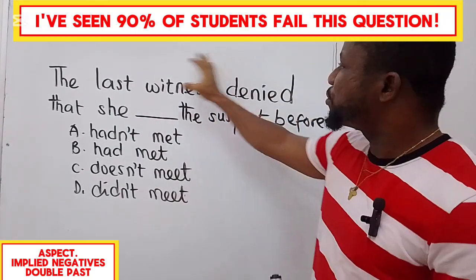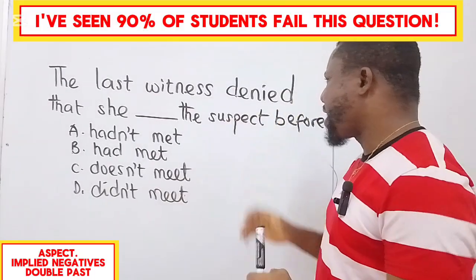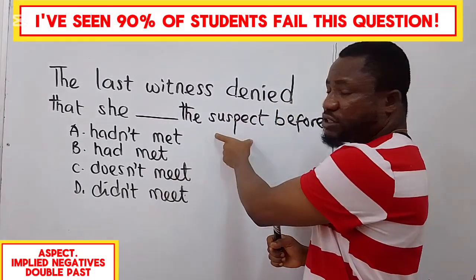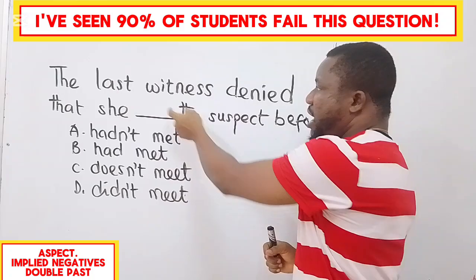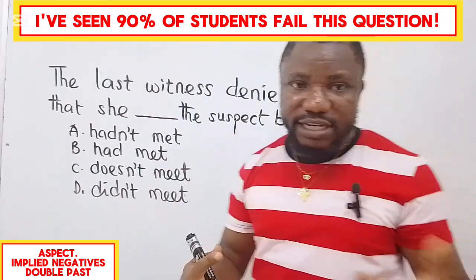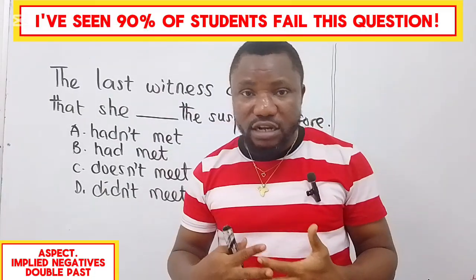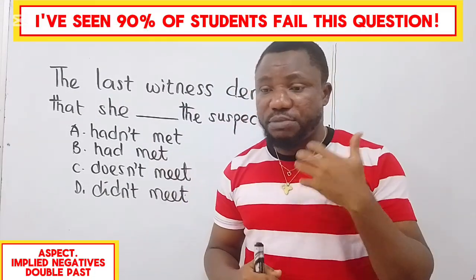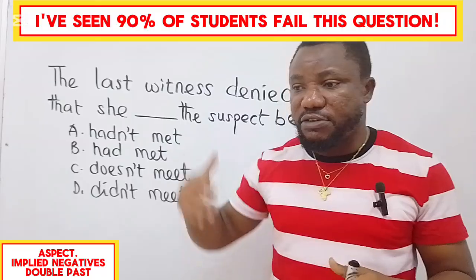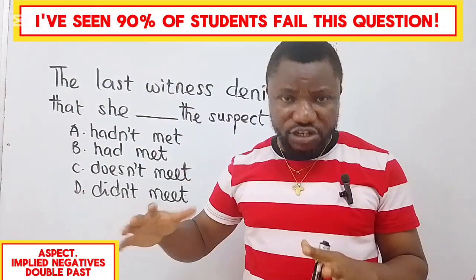Now, from these two situations, the first that must have happened will be the action of this person meeting this person. For you to deny something, it means something must have happened. For you to deny being a thief, it means that you must have been accused of stealing. Do you understand?